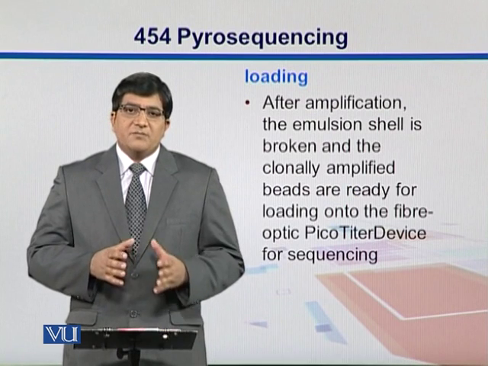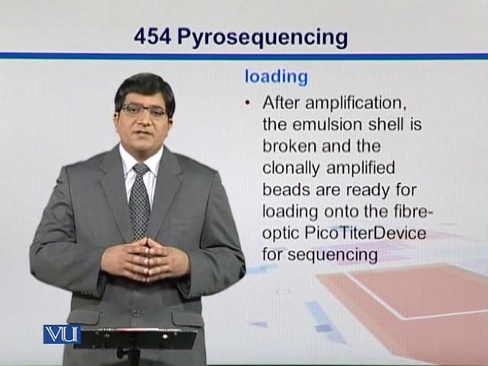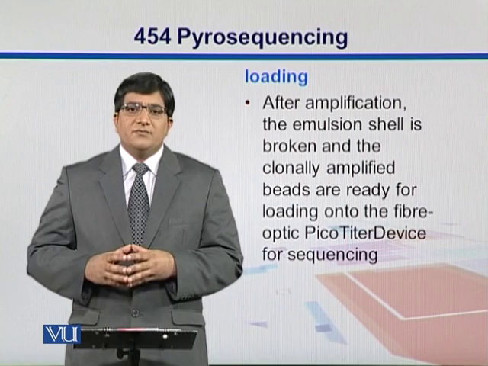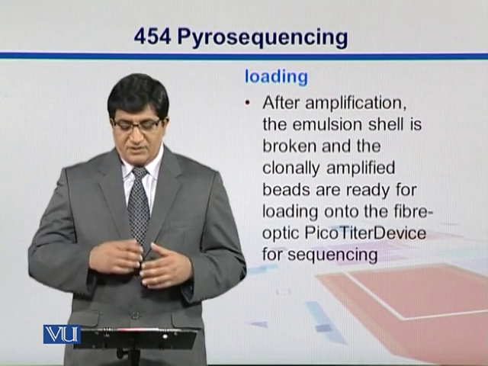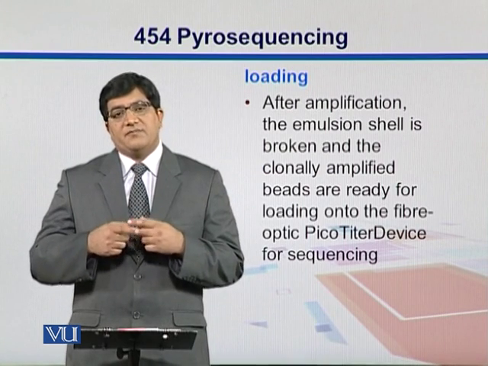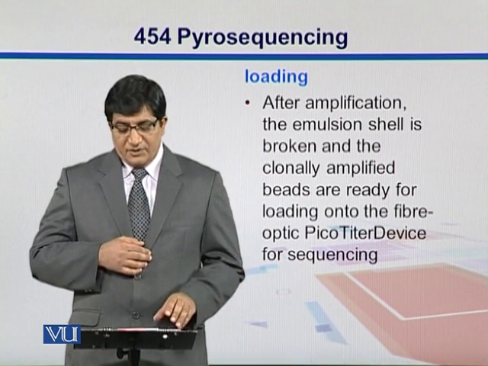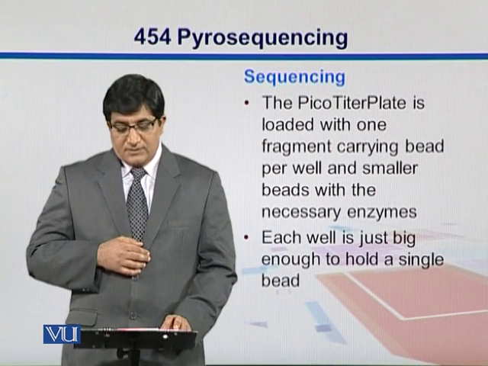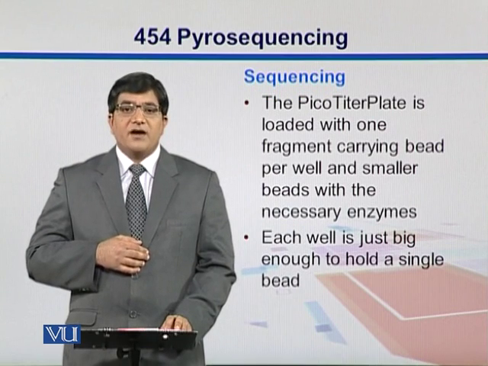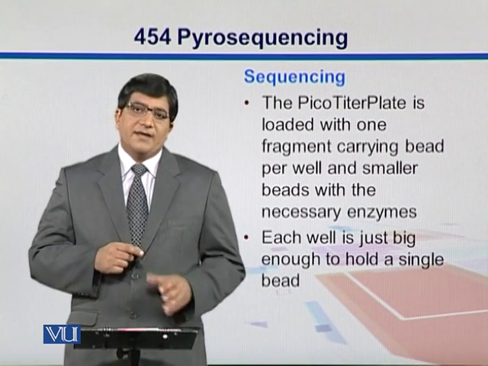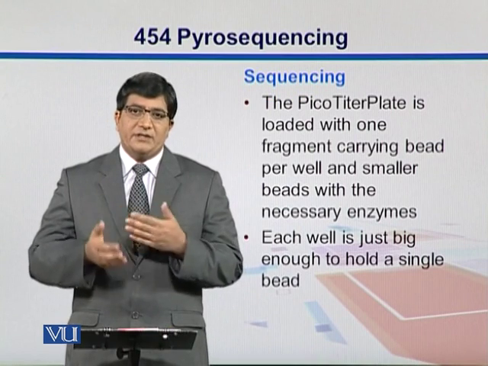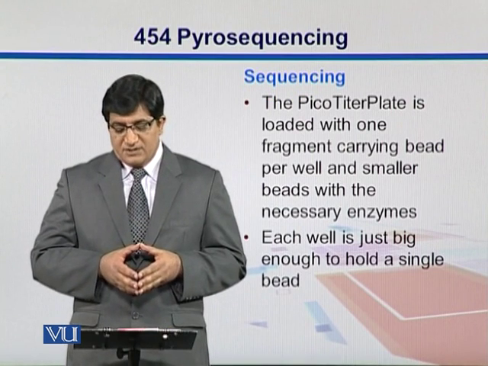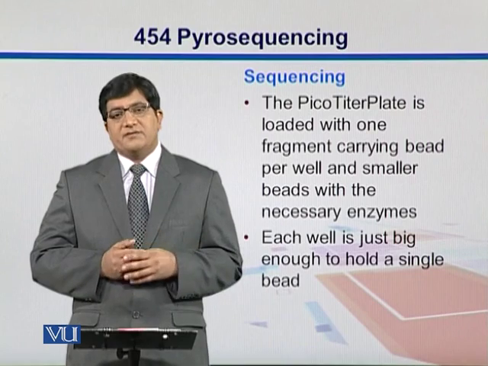So what happens in pyrosequencing is that after the amplification, we take those beads, which have the amplified fragments, and we load them into the picotiter plates. That plate is loaded with one fragment at a time, and that fragment has clonally amplified copies of the same sequence. And then we also put in the necessary enzymes.